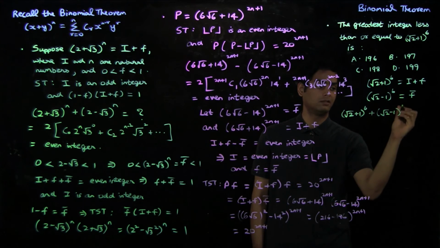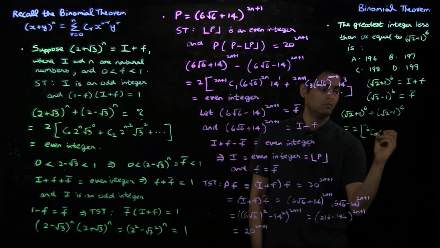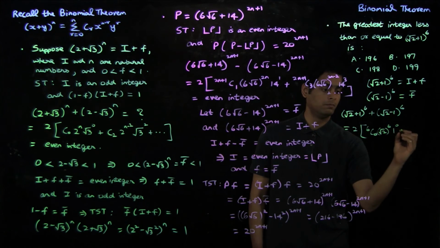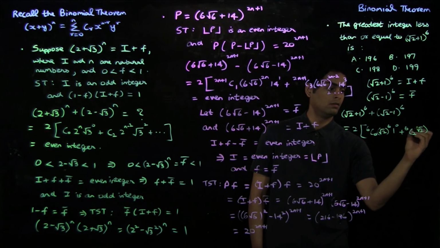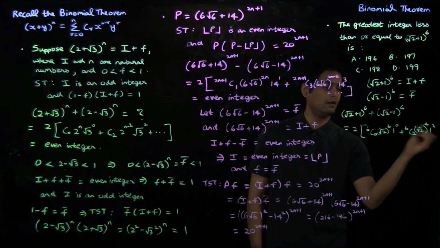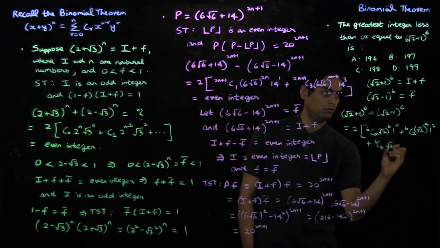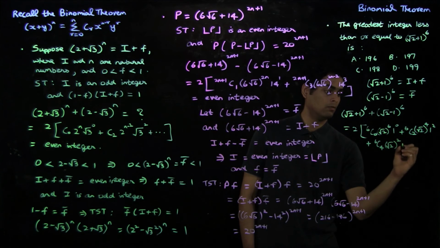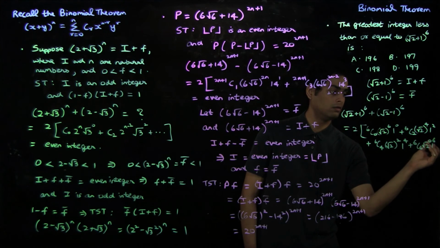And that gives us 2 times 6c0 square root of 2 power 6, 1 power 0, plus 6c2 square root of 2 power 4, 1 square, plus 6c4 square root of 2 square, 1 power 4, plus 6c6 square root of 2 power 0, 1 power 6.